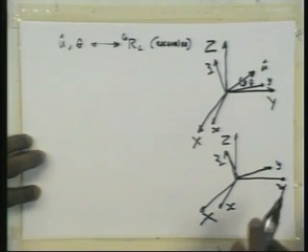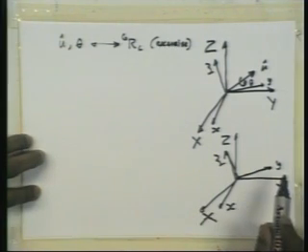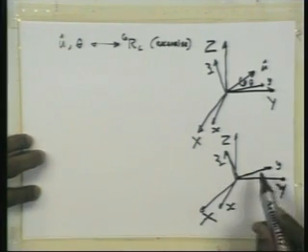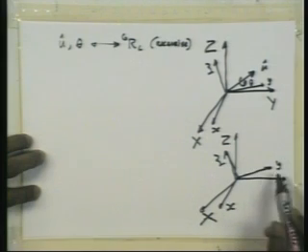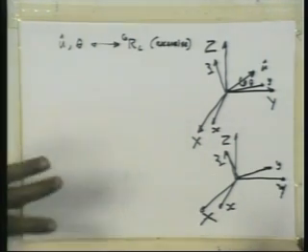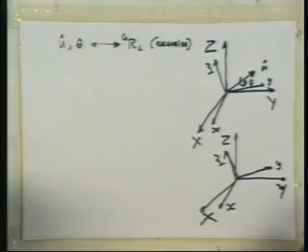Imagine that the rigid body is initially coincident with the global axis, and now it is rotated, and the reference frame has gone to the small x, y, z. Fine. Now if you look at the two positions of the rigid body, most points would shift from their original position to new positions. What about the origin? It will remain where it is. In addition to the origin, there are a set of points which remain where they are. Yes, along the u vector. So that is what we call the axis of rotation.